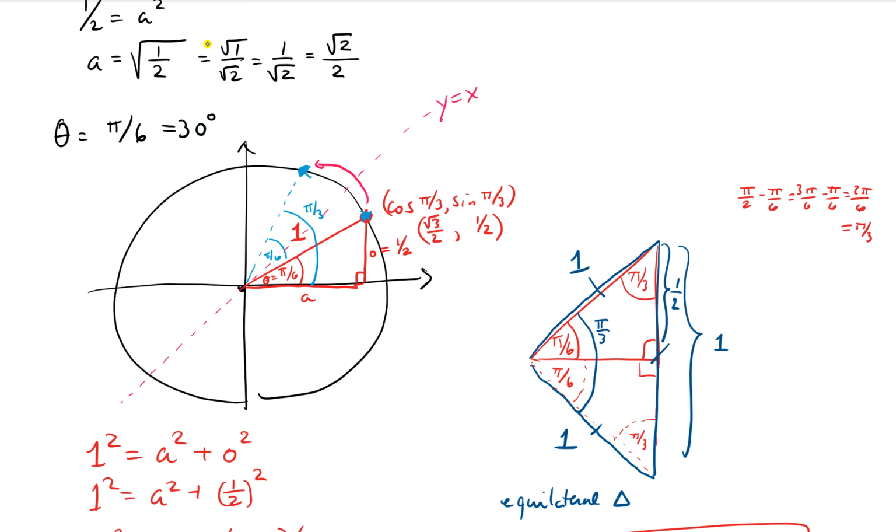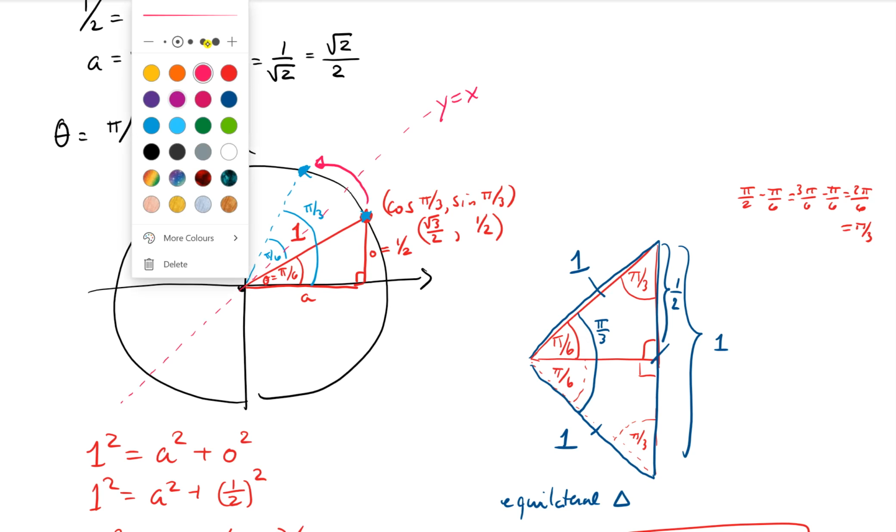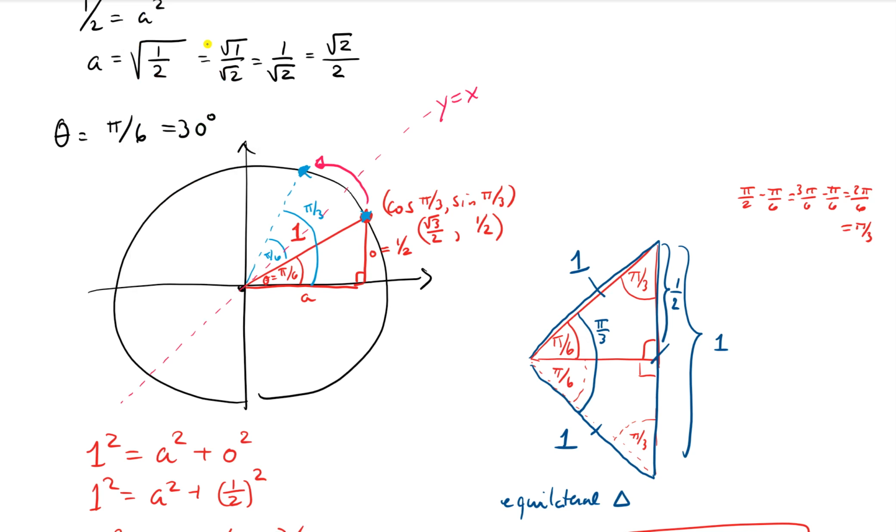So if I reflect this, I'm going to get the other point. Now this other point, its coordinates are cos of pi over 3 and sine of pi over 3.